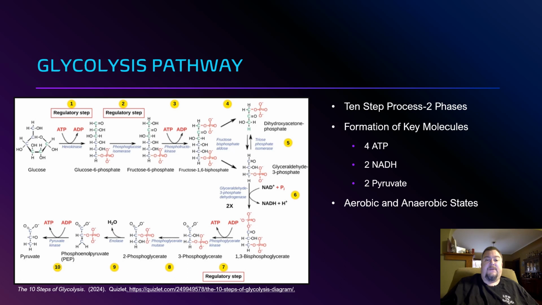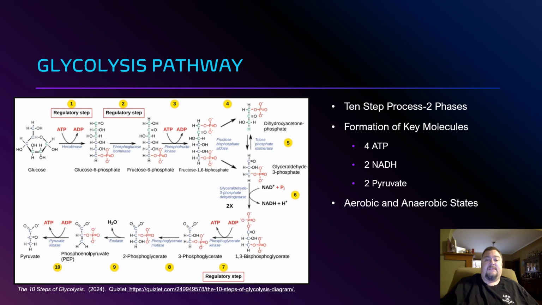Step 7, 1,3-bisphosphoglycerate donates one of its phosphate groups to ADP, making a molecule of ATP and turning into 3-phosphoglycerate in the process. Step 8, 3-phosphoglycerate is converted into its isomer, 2-phosphoglycerate. Step 9, 2-phosphoglycerate loses a molecule of water, becoming phosphoenolpyruvate, which is known as PEP.